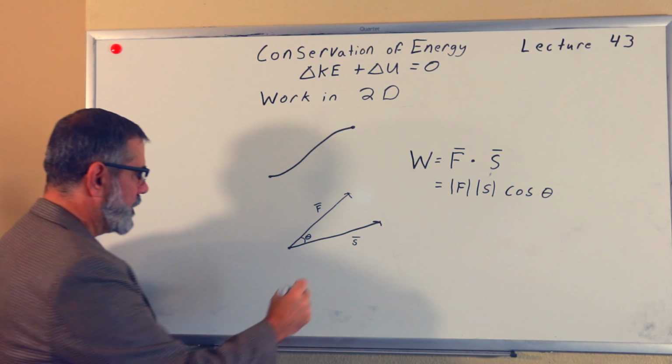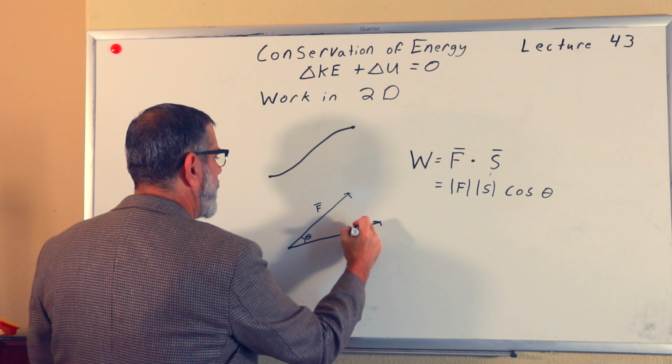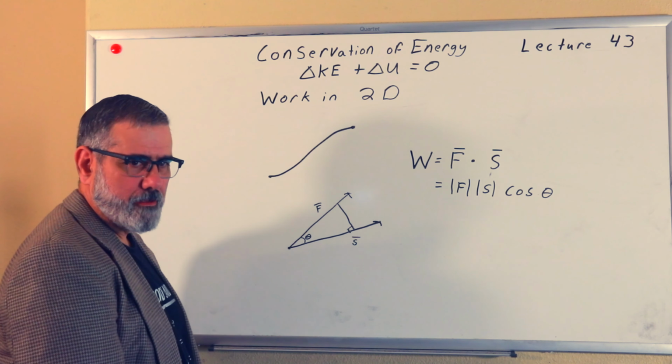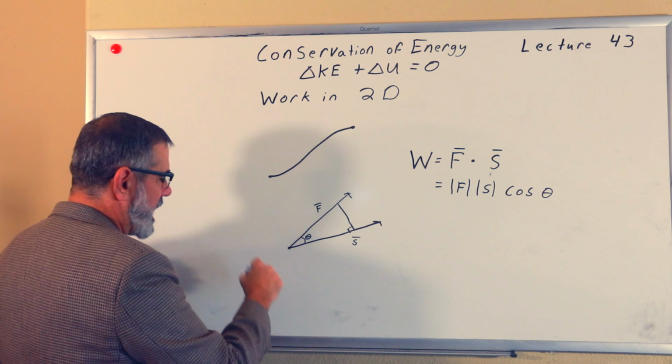So if we look at this and we imagine constructing a right triangle out of this, we need to create a perpendicular here. Then the magnitude of F times the cosine of theta, well, the cosine of theta is the adjacent side divided by the hypotenuse. And the way to think about it is, a lot of times we call dot products projections.